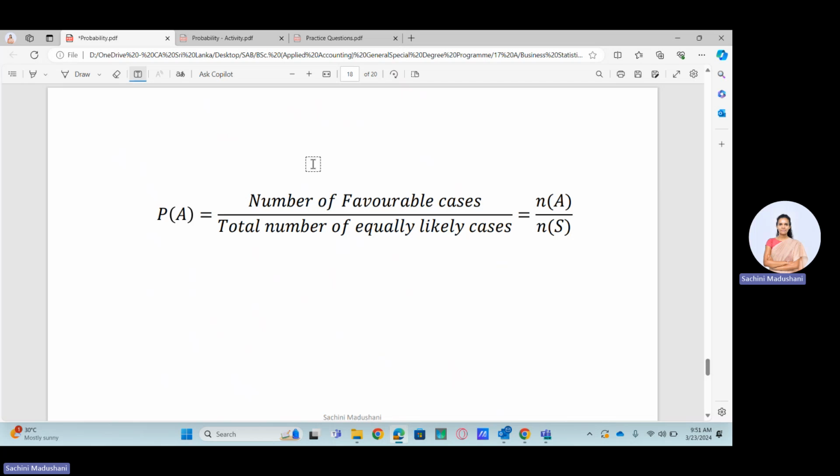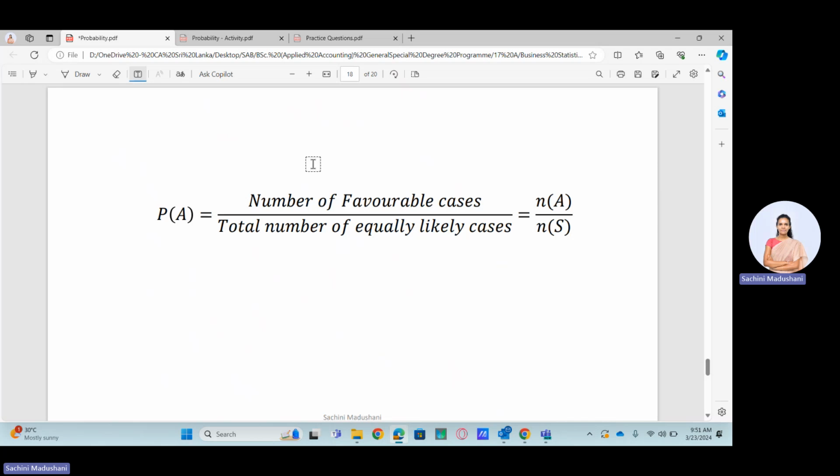We take A plus B only. Why? We do not subtract the intersection because there is no intersection. We add them together, and that expresses the union.